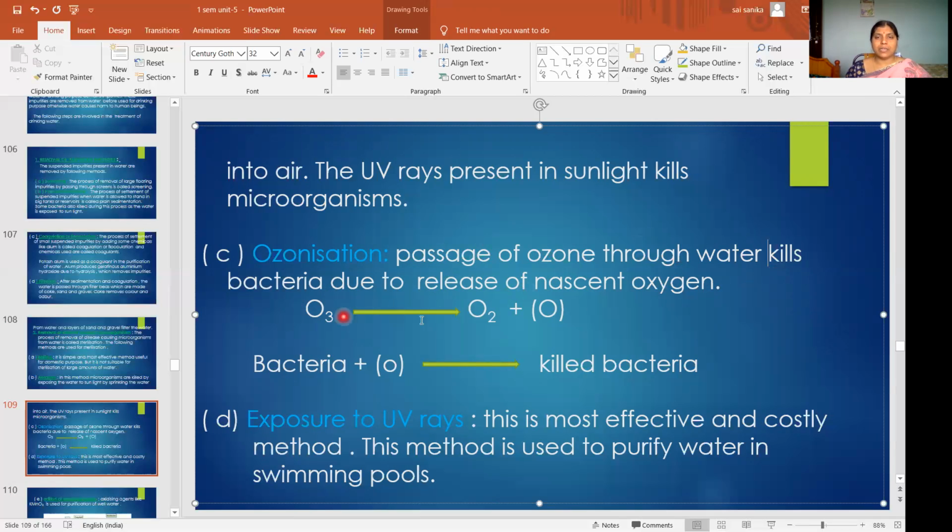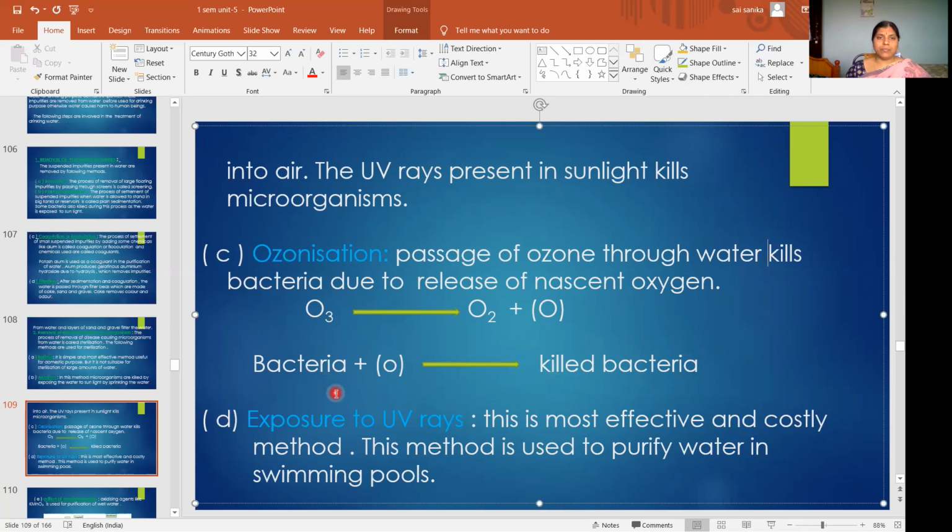This O3 will be converted into an O2 molecule and nascent oxygen. The nascent oxygen will combine with bacteria and convert them to oxidized bacteria, that is, the bacteria are killed.